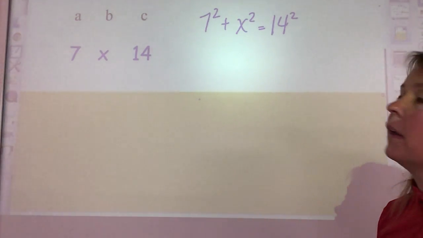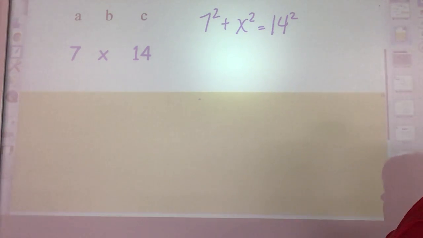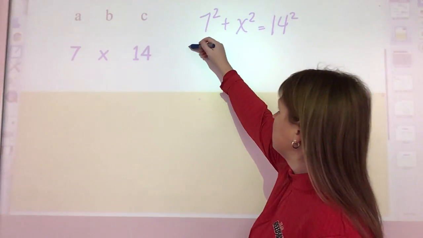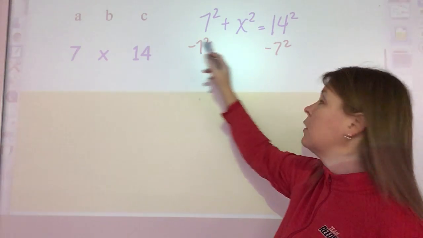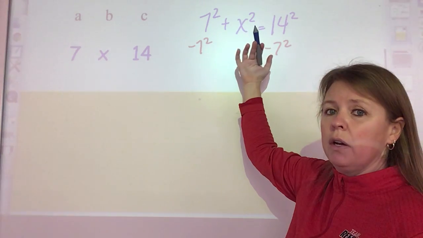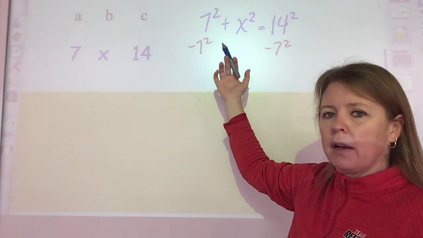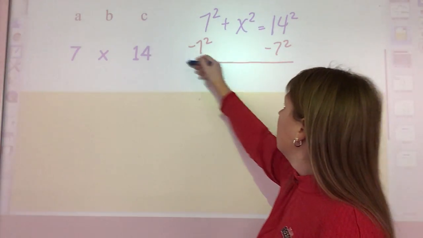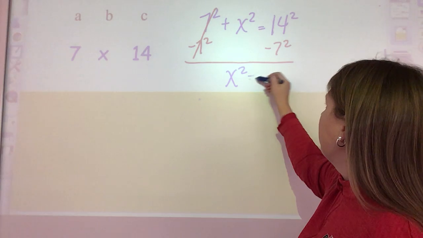Again, I would really prefer that you use a calculator. What I would like you to do is subtract 7 squared from both sides. Could you turn that into 49? Could you turn that into 196? You could, but I'm guessing that most of you are going to take 196 minus 49 on a calculator anyway. So it's quicker to just subtract 7 squared from both sides.